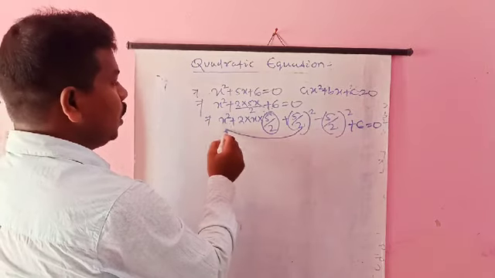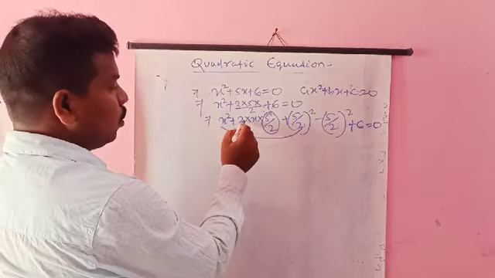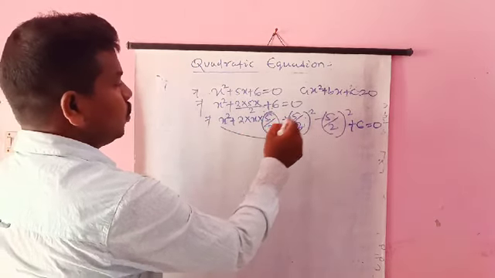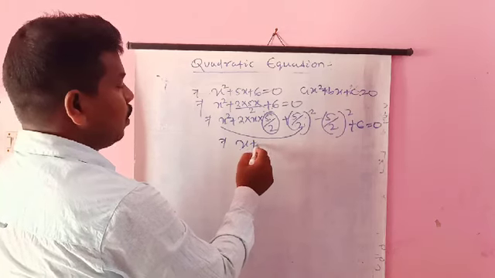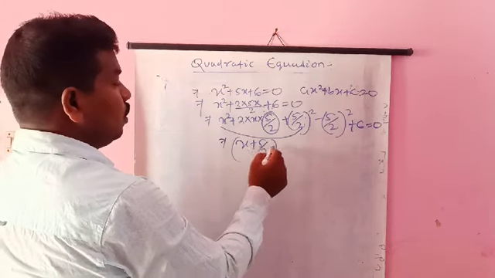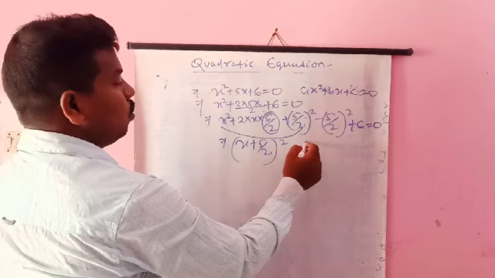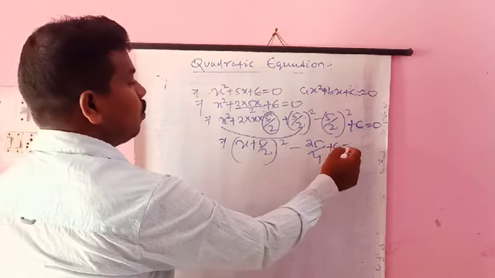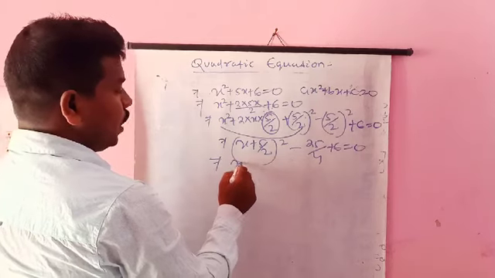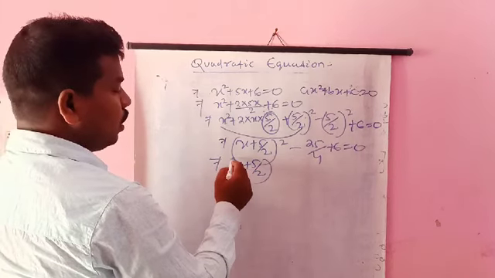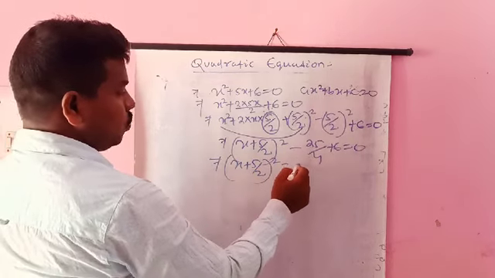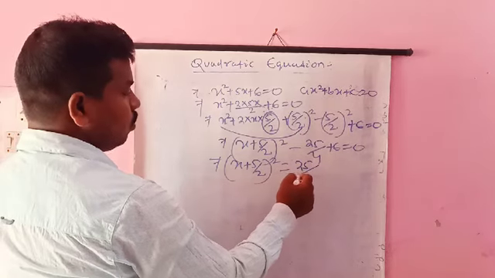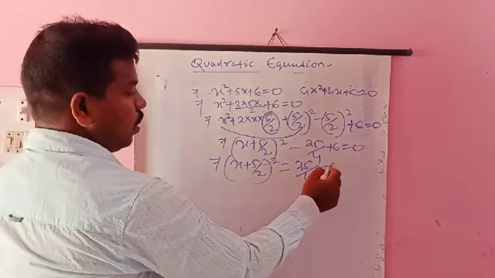So this is (a plus b) whole square, a square plus 2ab plus b square. That means it is (x plus 5 by 2) whole square minus (5 by 2) whole square plus 6 equal to 0. So (x plus 5 by 2) whole square equals, taking the minus 25 by 4 to the right hand side, 25 by 4 minus 6.